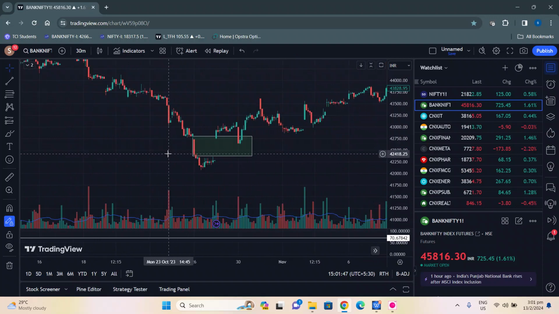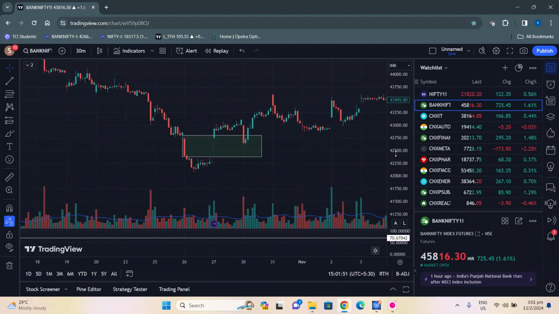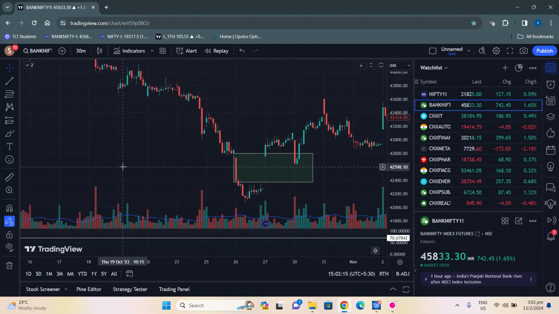So I'm going to show you another example here. You see, open equal to high formed on 26th October. Though it went down on that day itself, the next day it had already cleared that level. So this is why you need to evaluate the odds of trading inventory conditions here.